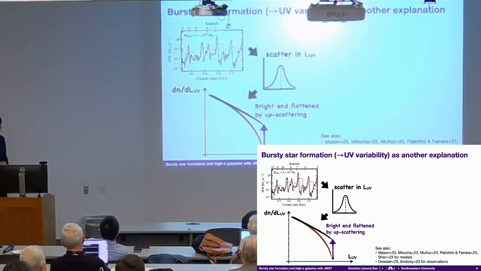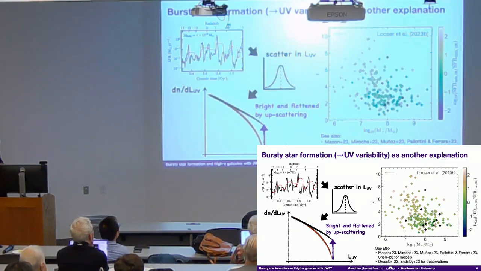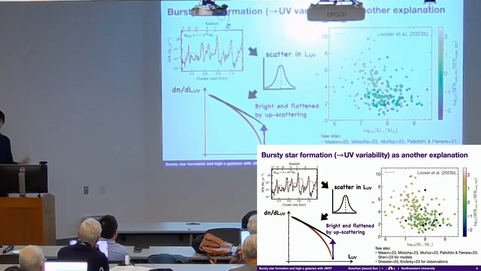Another thing I want to mention is that there has been observational evidence for an increased level of star formation burstiness from the JWST observations we have so far. For example, in this figure from Lucer et al., you can see that by using the ratio between the nebular and continuum emission as a tracer or metric for the level of burstiness, it has been shown that low mass, high Z galaxies tend to have a more bursty star formation history, and this might have some connection with the need for a deep enough gravitational potential in order to resist feedback regulation.